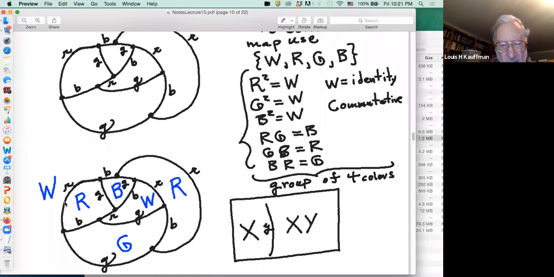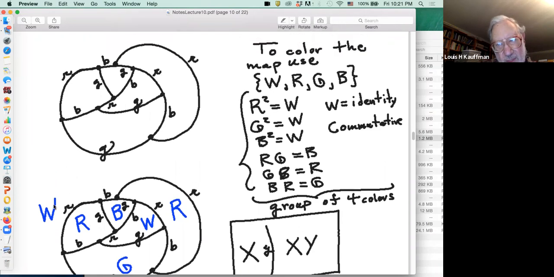And I have a four coloring of the map, which is derived from the three coloring of the edges. This works both ways. If you had a four coloring of the regions, then you could choose a coloring of the edges by doing the same process in the other direction.